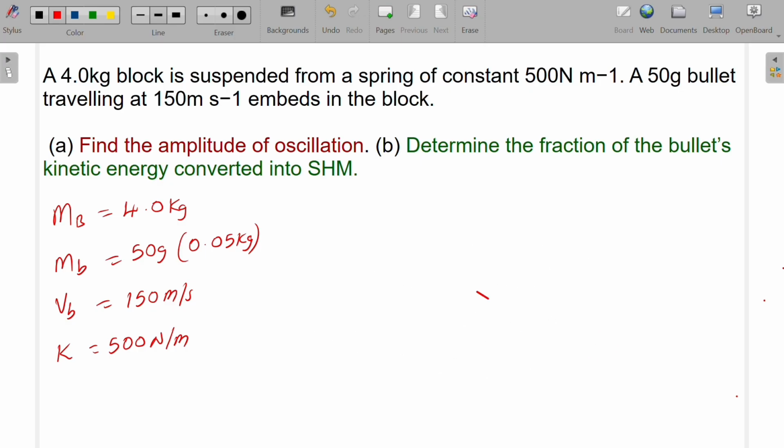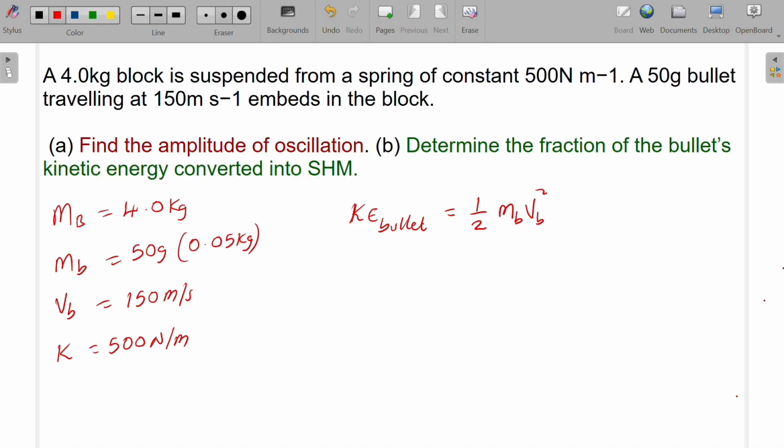Now, the kinetic energy of the bullet, let's say this is KE of B. Let's just write bullet. This will be equal to 1 over 2 m, which is the mass of the bullet, times v for the bullet squared.